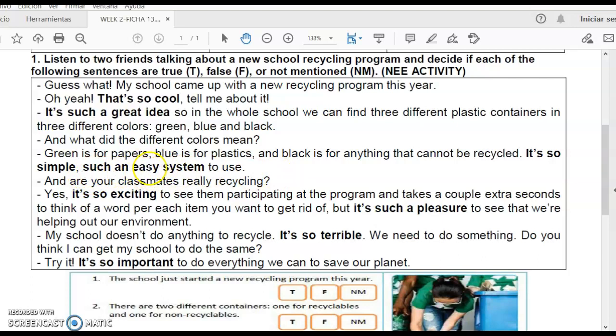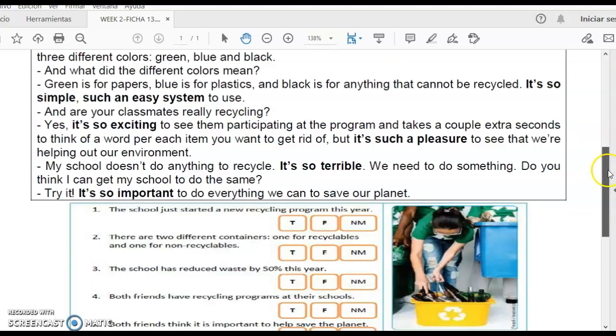Easy is an adjective. System is a noun. Now you have to use an because the word easy starts with a vowel. Such an easy system. Look over here. It's such a great idea. Great is an adjective. Idea is a noun. A great idea. It's such a great idea.